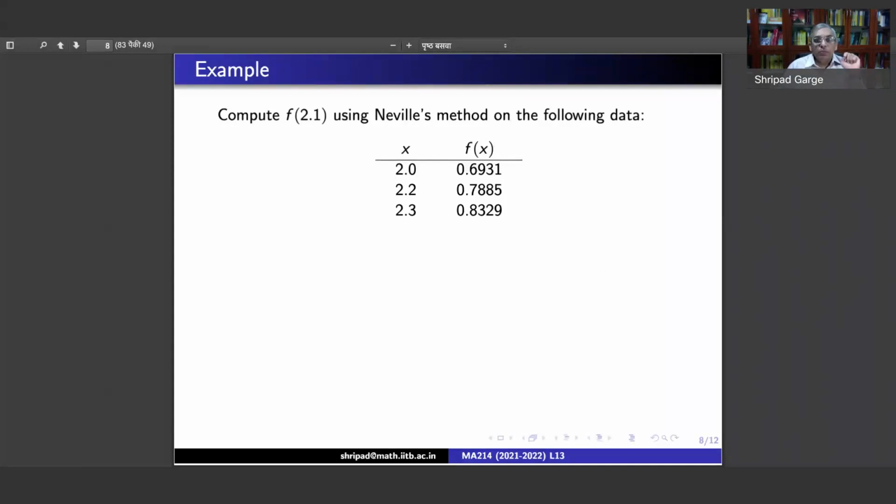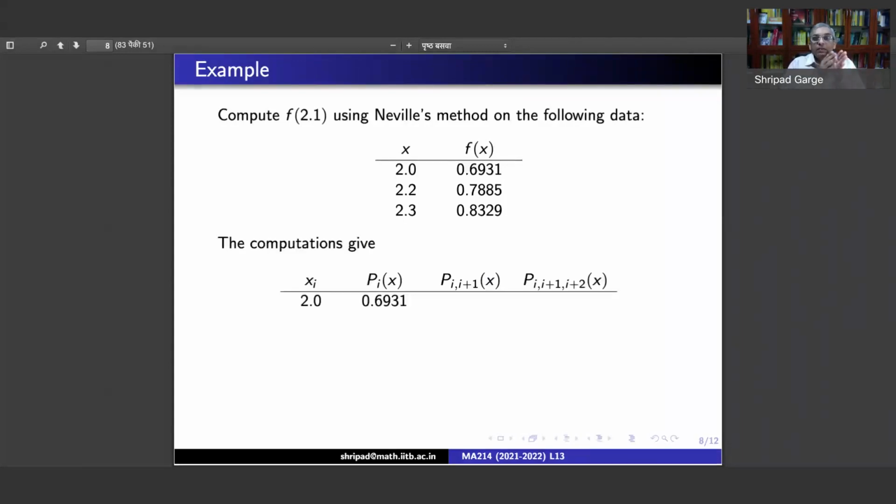So what we do is this: we have the point 2, we write down its function value, which is the constant polynomial on x0. Then we have the function value at 2.2, which is p1 of x. It is again a constant polynomial. So p1 of 2.1 is this particular value. This is the value of P0 on 2.1.